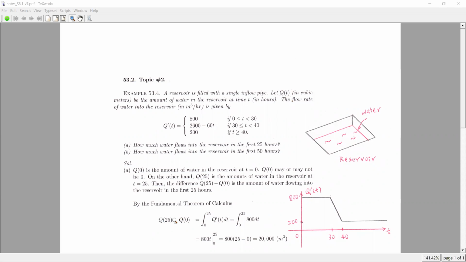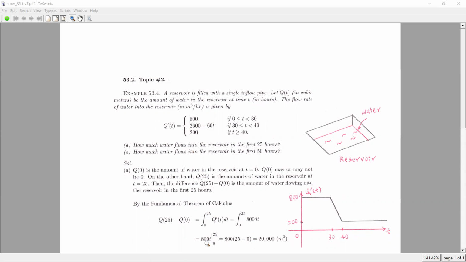On the other hand, when time t is between 0 and 25, the derivative of Q is 800. So we have this equation. Now to find this integral, find one antiderivative of 800.